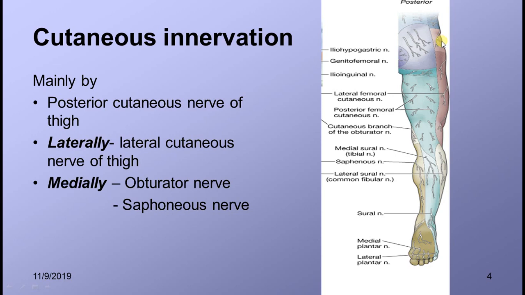Now, if you look along the lateral border of the thigh, along 10 centimeters below the anterior superior iliac spine, there is an internervous line where you can approach the hip joint anteriorly. You have to retract the sartorius medially and tensor fascia lata muscle laterally.